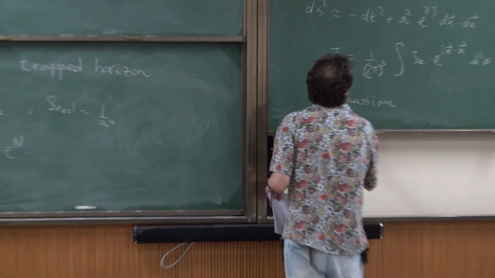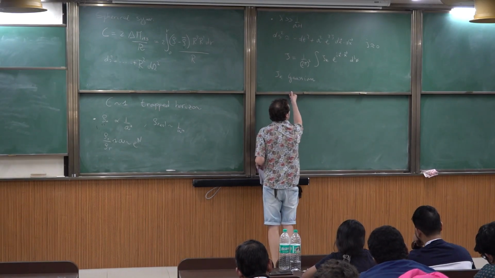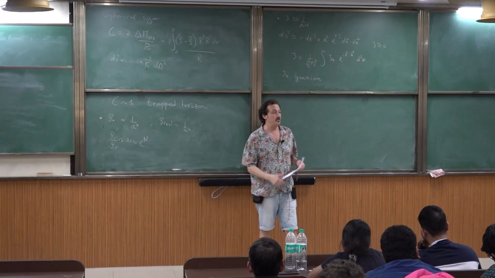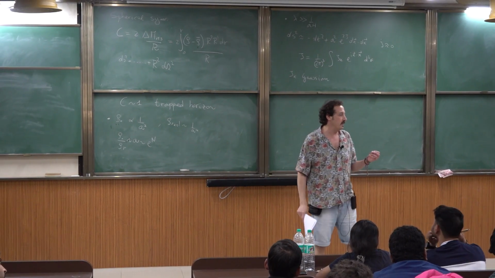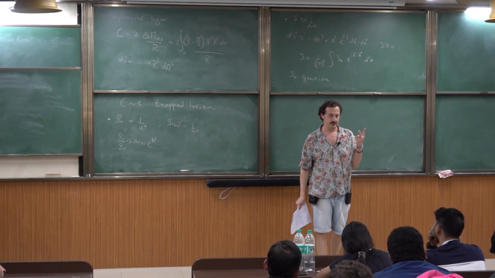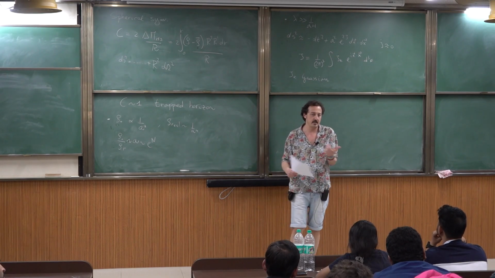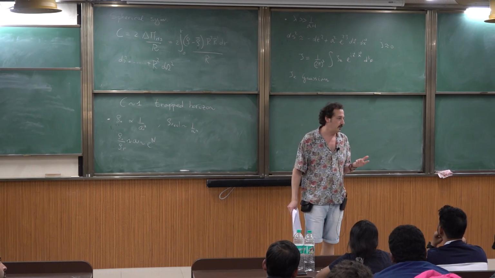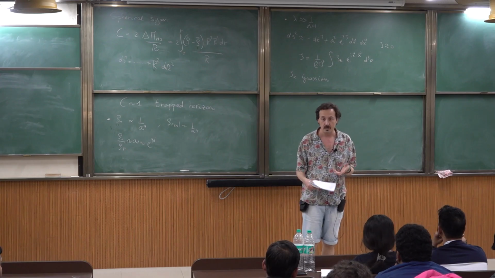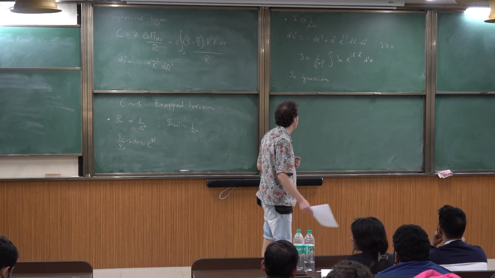If this is Gaussian, as you know, a Gaussian probability distribution is simply given by two numbers, the mean value and the variance. Anything else is simply related to that. Any higher correlation function is related to these two numbers.